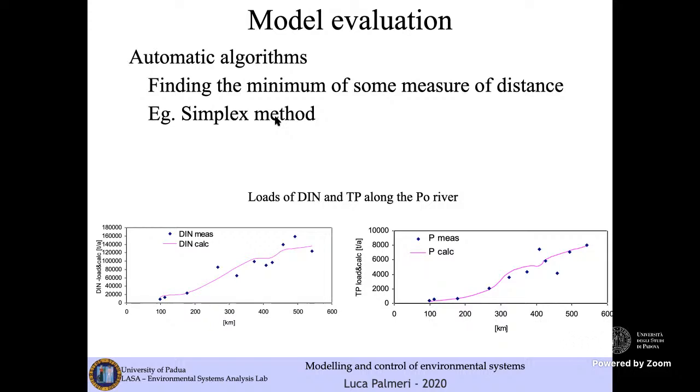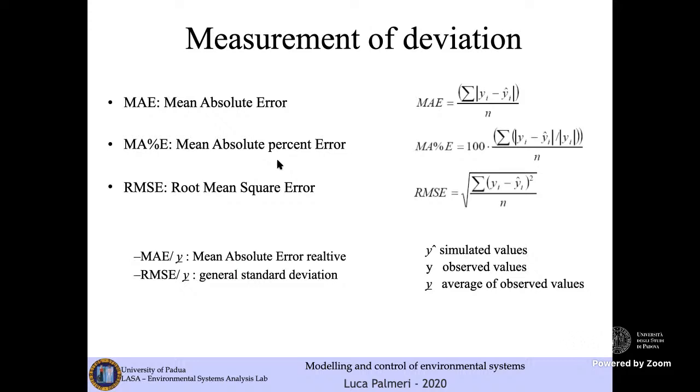Typically, you may use the simplex method that you may have seen in statistical analysis, or you may employ very classical statistical measures of deviation, like the mean absolute error, or the mean absolute percentage error, the root mean square error, and so on.